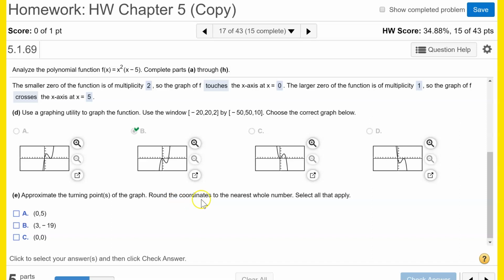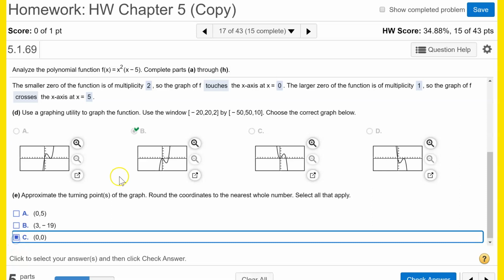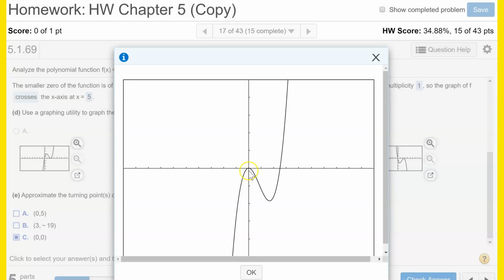Approximate the turning points of the graph. Round the coordinates to the nearest whole number. I can do that just by looking at this graph right here. One of the turning points is 0, 0. Let me make it a little bigger. This is counting by 2s, and this is counting by 10s.